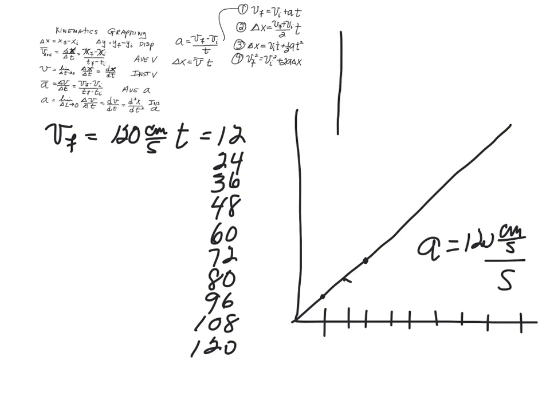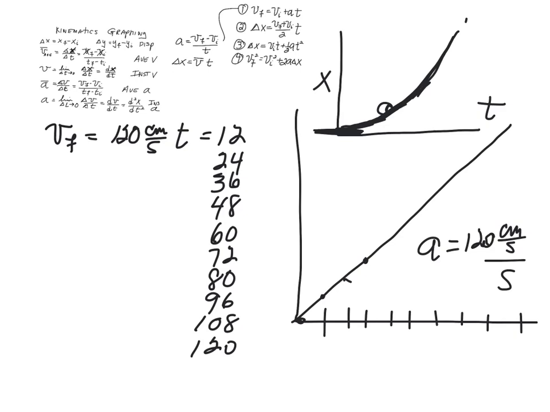So one of the things to notice is that the velocity is the slope. If we take the slope of position versus time, we get 0 in the beginning, and then we get 12, and then we take the slope and we get 24, and we get 36, and so you can see that the slope, which is the tangent to the curve, remember that, is constantly increasing over this parabola.